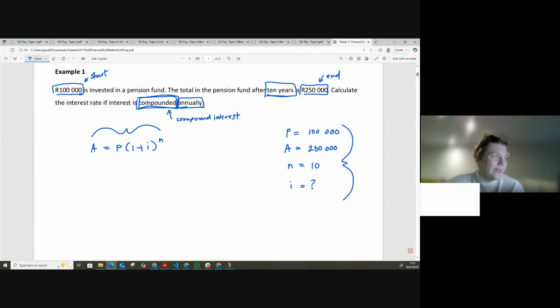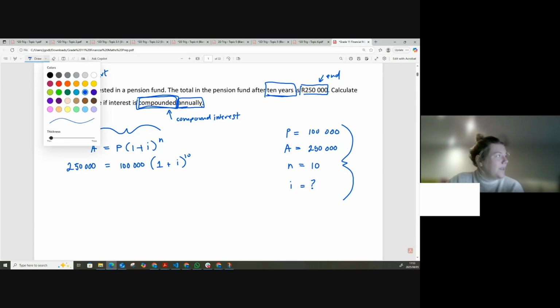Okay, so let's start filling in our information. We're going to literally use our grocery list and we're going to put it into our equation. So we have 250,000 is equal to 100,000 times 1 plus I, which we don't know, to the power of 10.